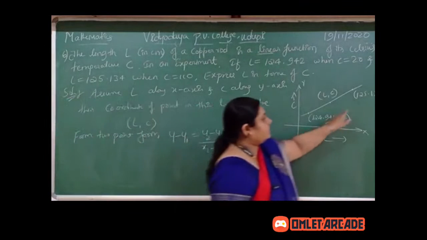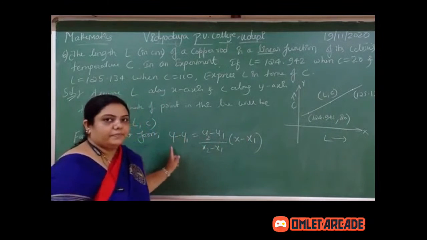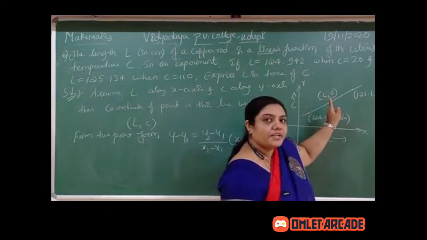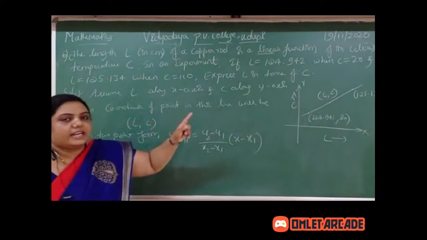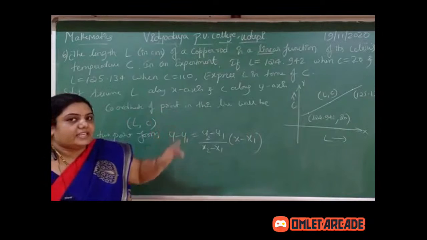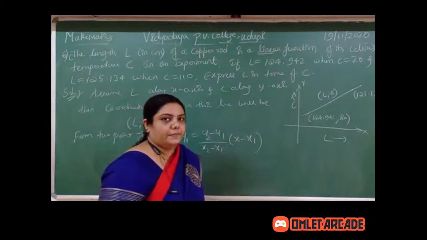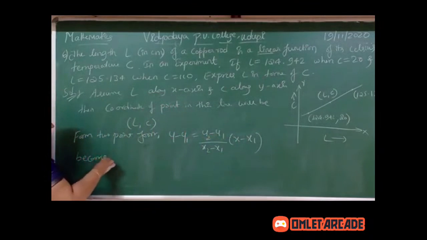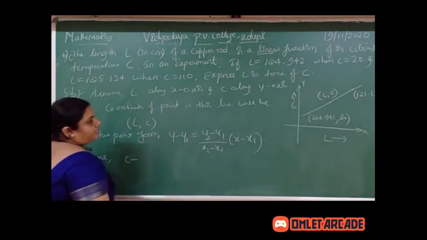Two points are known, so you can substitute. This is a straight line where the coordinates are in terms of L and C, so instead of x and y, I can write it in terms of L and C, and easily you will get the equation in terms of L and C. In place of y, I am writing C minus y1.